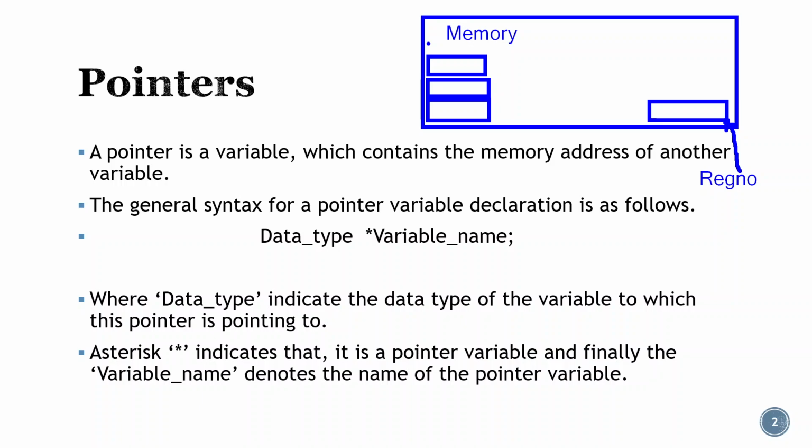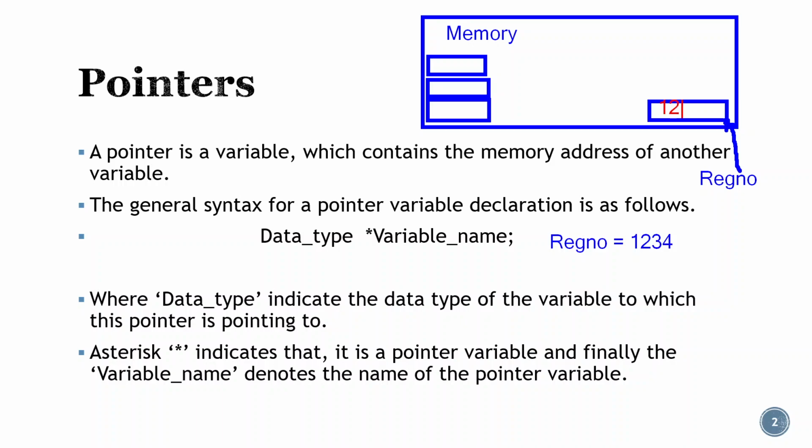Now, the question that arises is: pointers are those variables which can hold an address, whereas ordinary variables can hold numbers. For example, if I say reg number is equal to 1234, where is this 1234 stored? This 1234 is stored in this memory location.